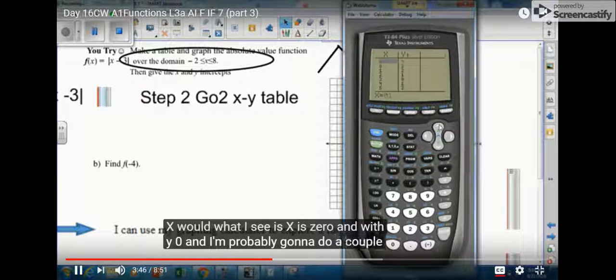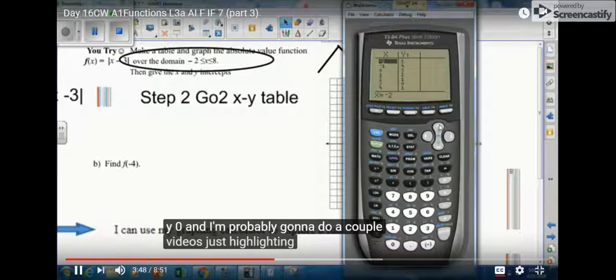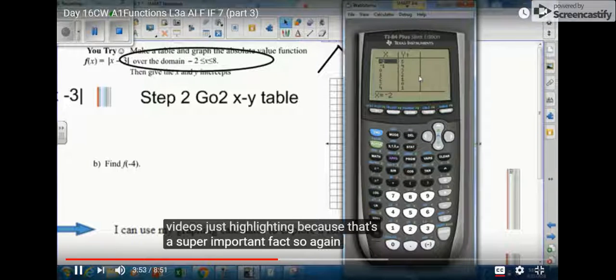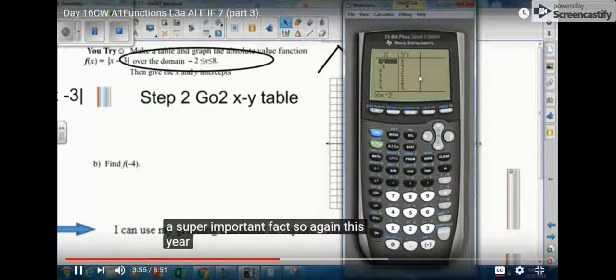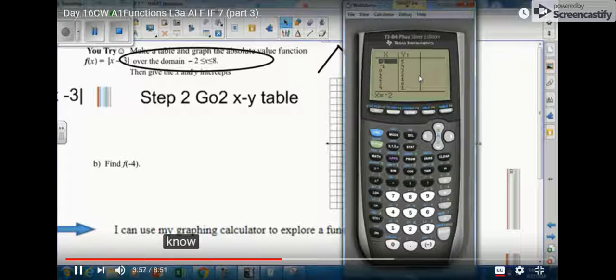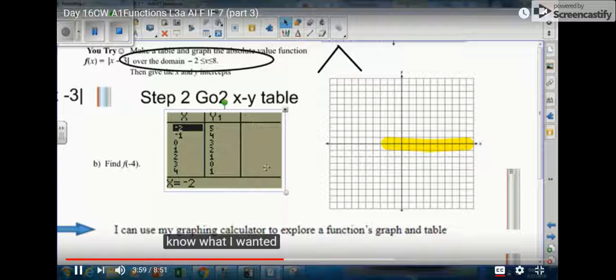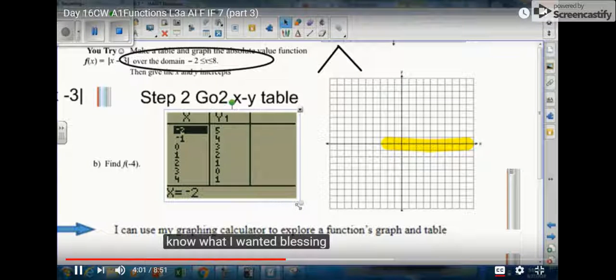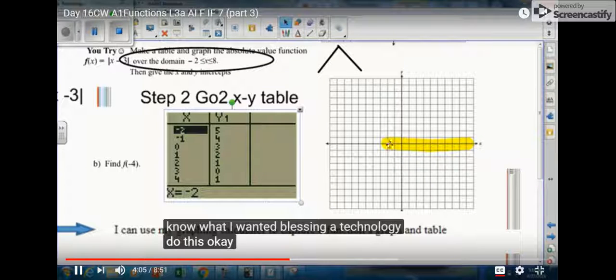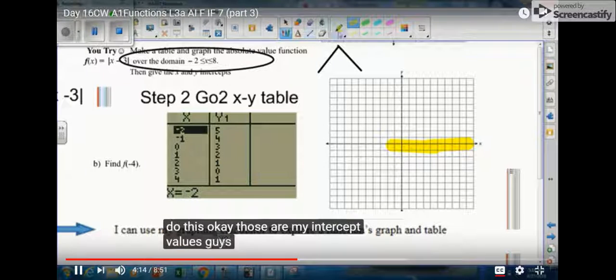I'm probably going to do a couple of videos just highlighting that, because that's a super important fact. So again, we'll do this here. Oh, that's not what I wanted. Blessing in technology. Here we go. Those are my intercept values, guys.